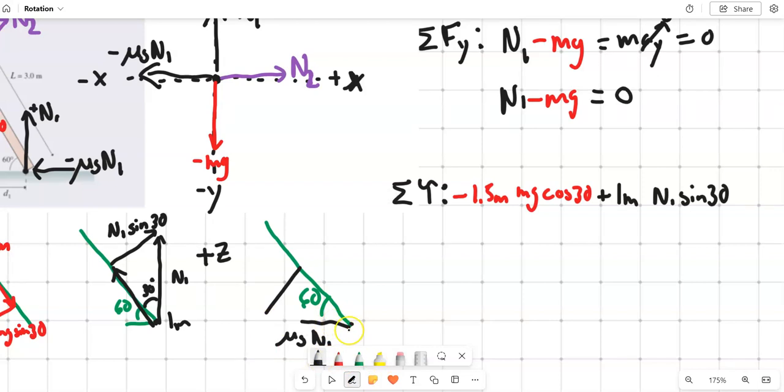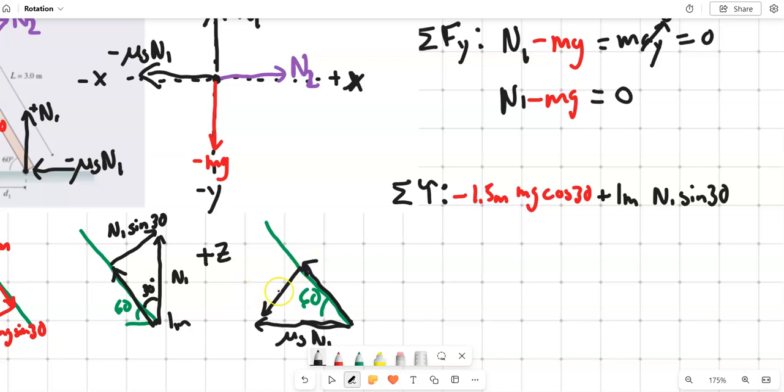So that static friction force is pointed to the left, which means it's pulling it down and pushing it up along the lever arm. And so the only component of that static friction force is the one that's perpendicular to the lever arm. So that's going to be mu sub s times the normal force.